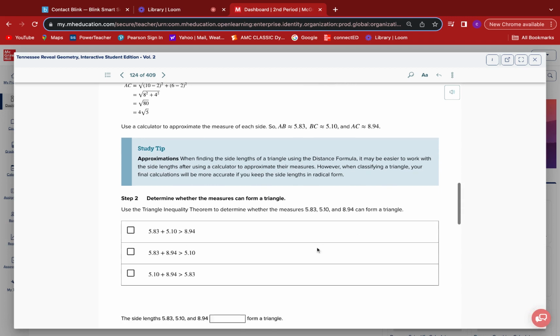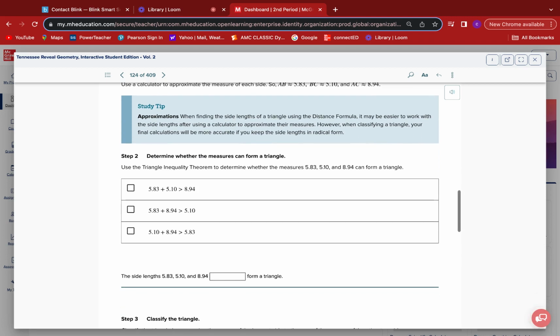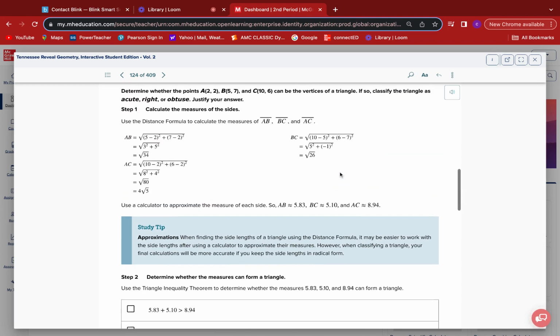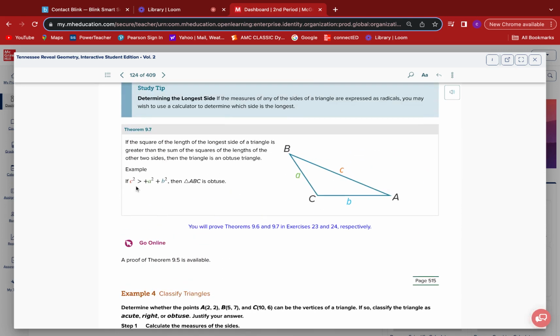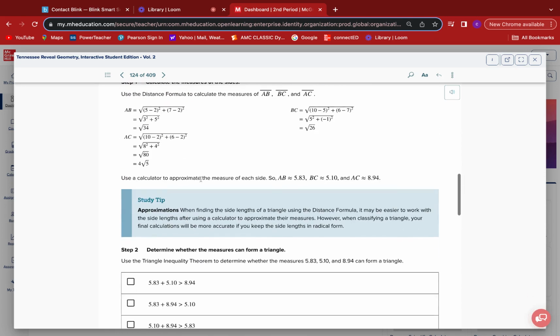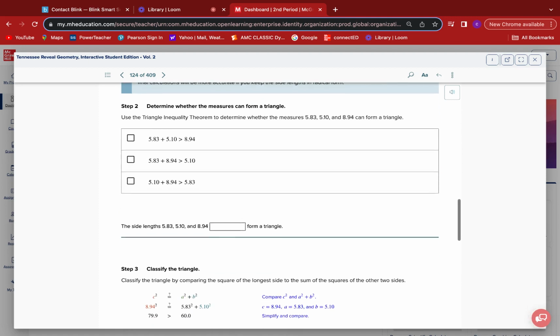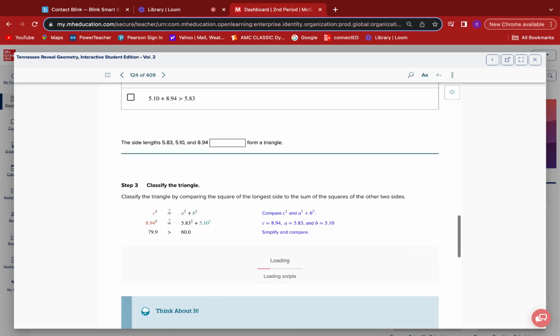Okay, so let's see what we got here. They're going to form a triangle. When you add those two numbers together, they're going to be over 10, which is bigger than the c. And when it's greater, it looks like it's going to be an obtuse triangle.